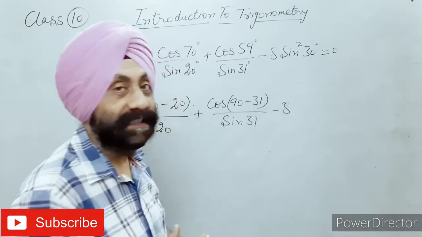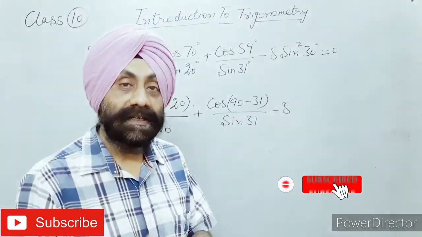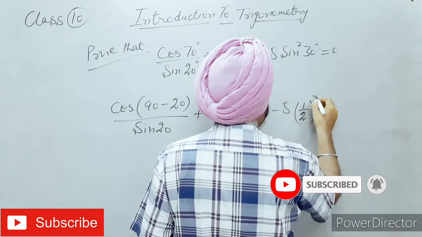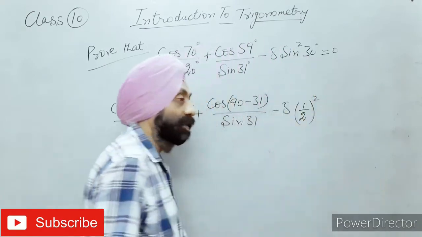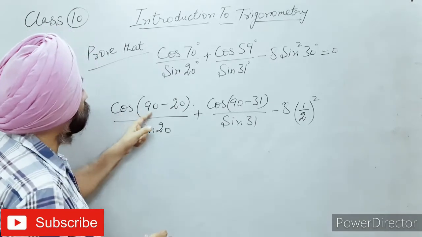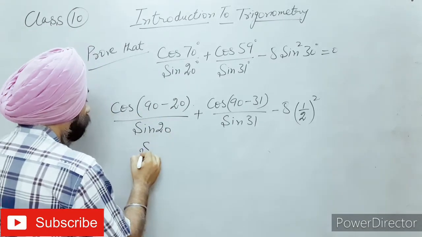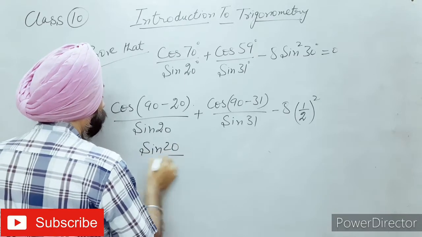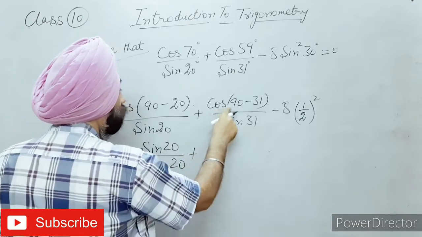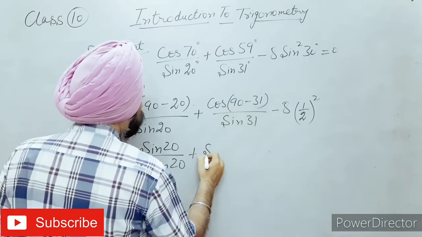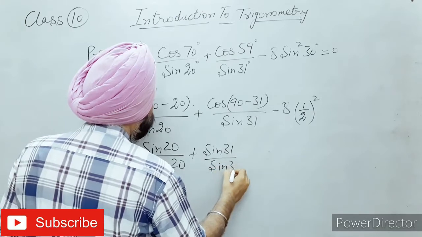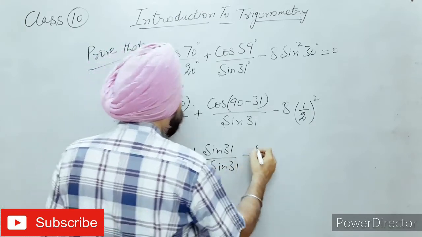What is the value of sin 30? Sin 30 is 1 by 2. It's square 1 by 2 because it's sin square 30 degree. Now what is cos 90 minus theta? Sin of theta divided by sin 20 plus what is cos of 90 minus 31? It is sin 31 divided by sin 31 minus 8.